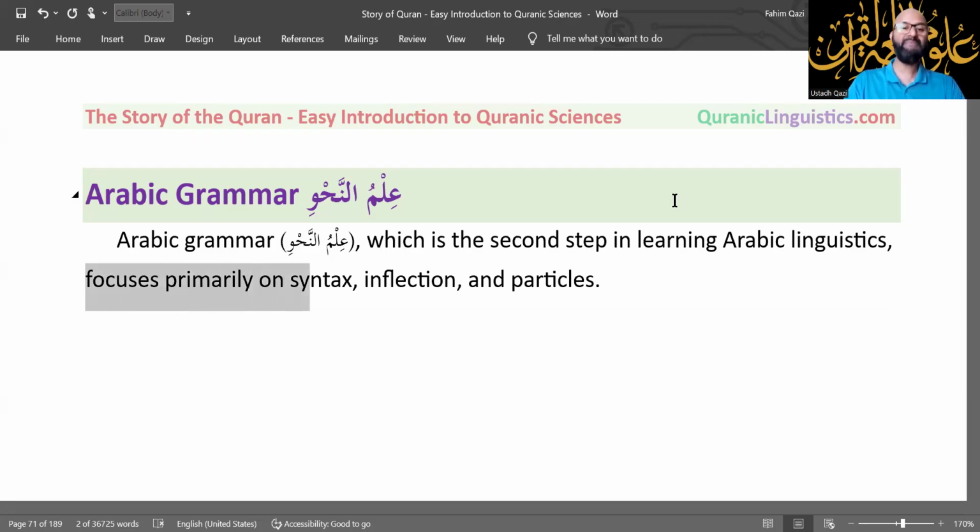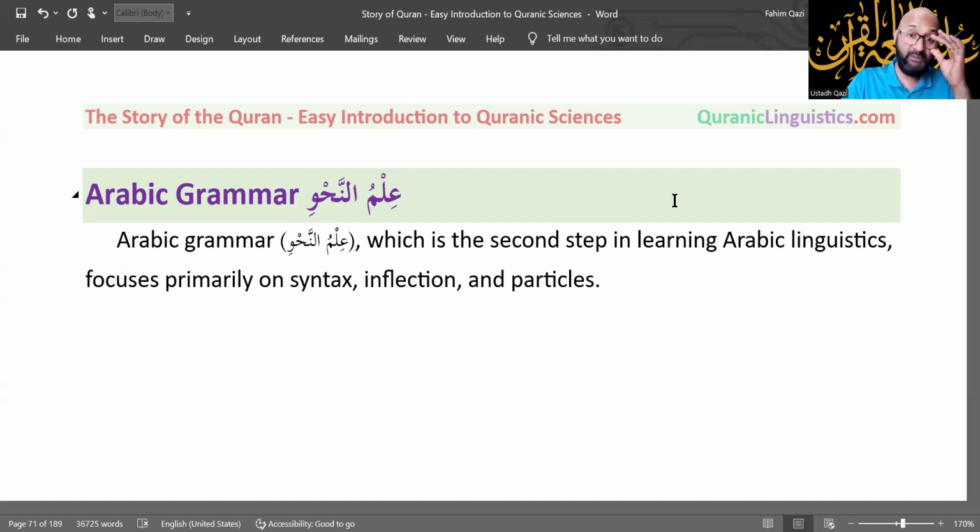It focuses primarily on syntax, which is the word order. What do you put first in a sentence? Subject, where do you put the doer? Where do you put the object? And it talks about inflection. Inflection is the change in the endings of words.